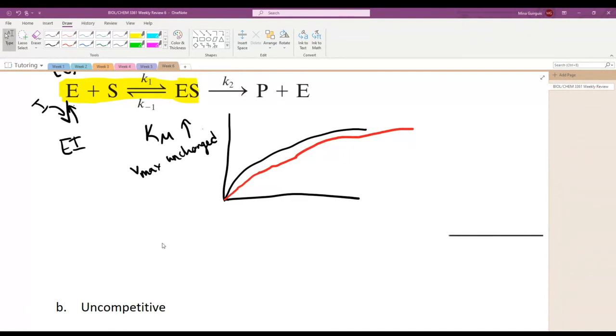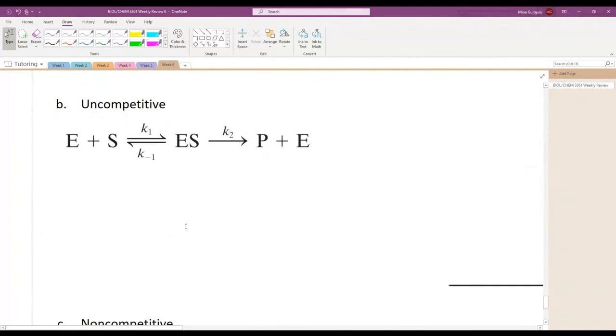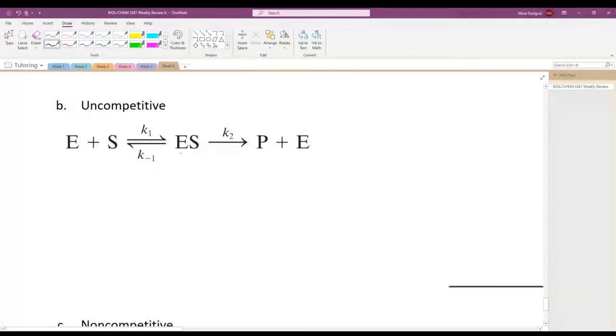Okay, terrific. Uncompetitive. So again, we're going back to this formula. And you guys will see I love this formula because I think it's such an easy way to get this concept that a lot of people really ignore, okay? So competitive inhibitors bind only to the enzyme. Uncompetitive inhibitors bind only to the enzyme substrate complex, okay?